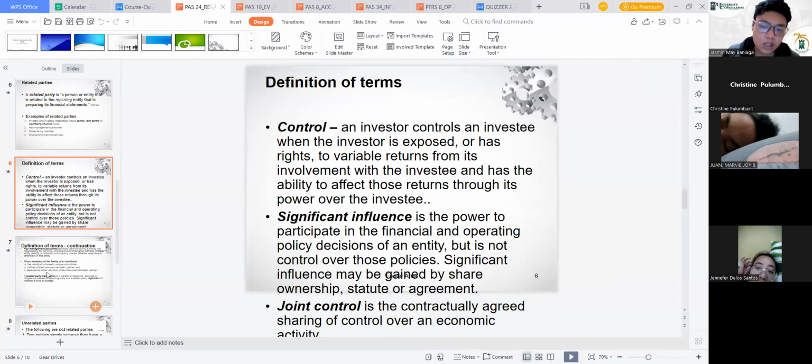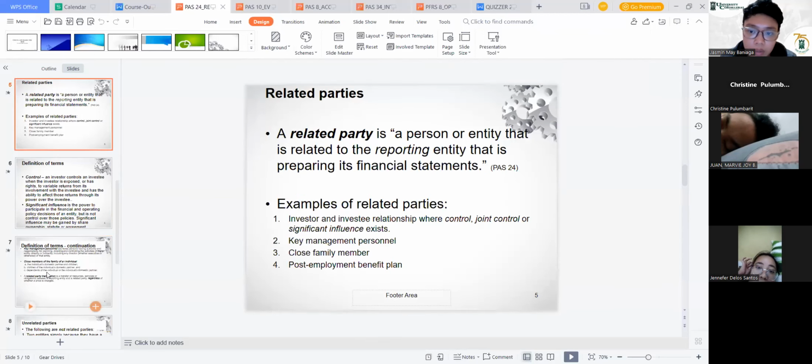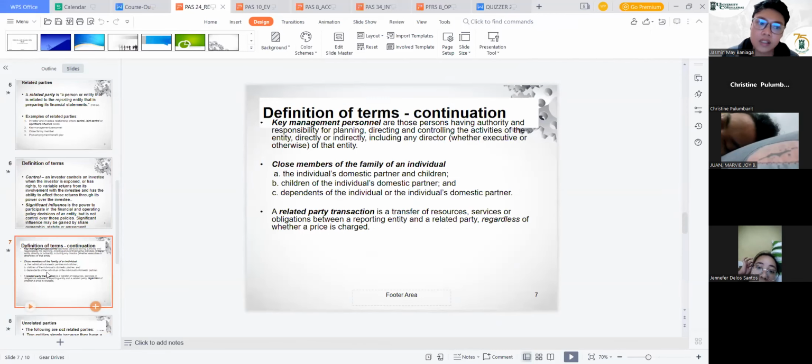Yeah, so as you can see, all of it, control, joint control, and significant influence, reflects PAS 24 related party disclosures.